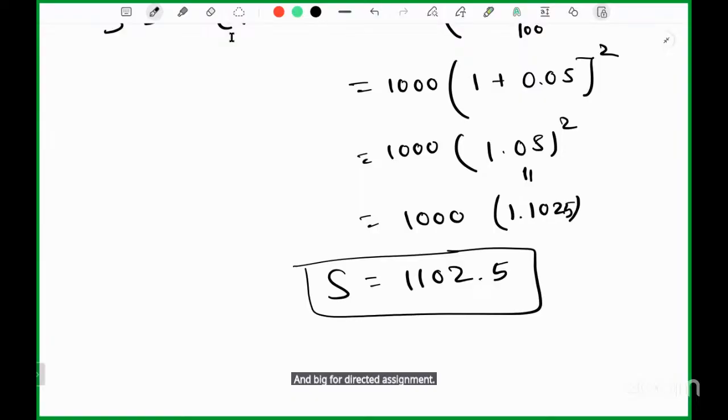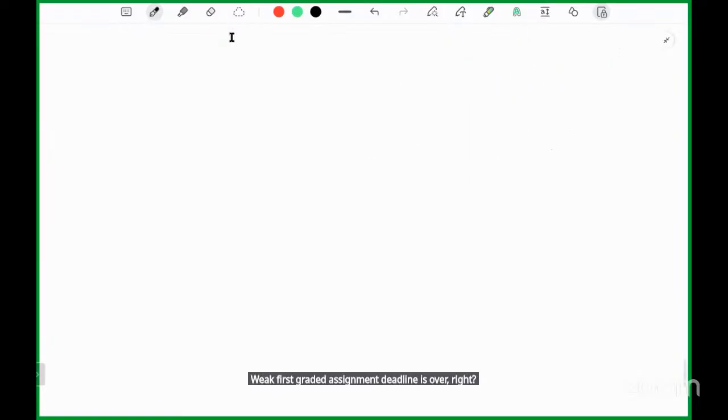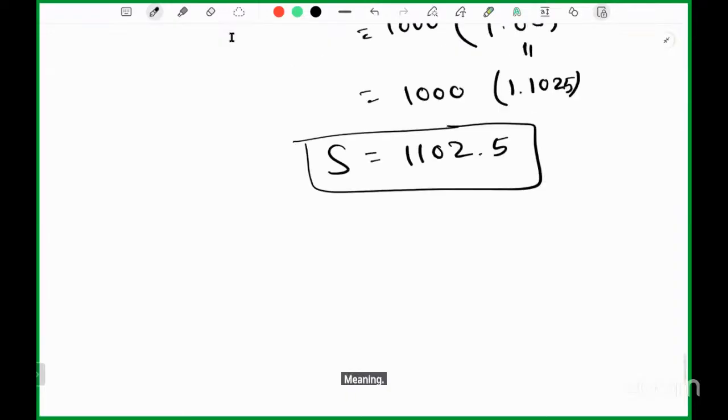Question number 5. The Ministry of Road Transport and Highway. Yes, just give me 1 second. Week 4's graded assignment deadline is over, right? Yes, ma'am. Deadline 2nd of July.